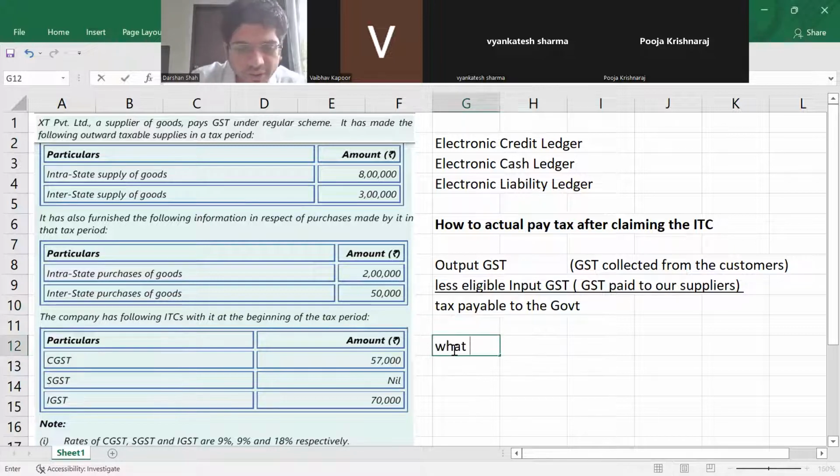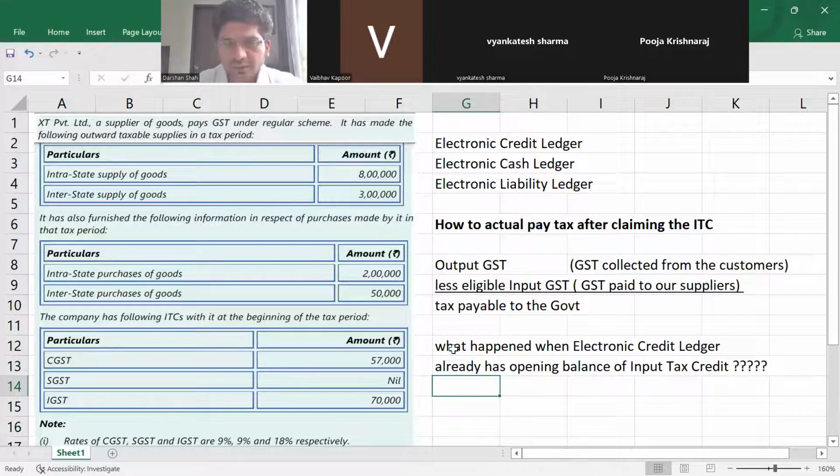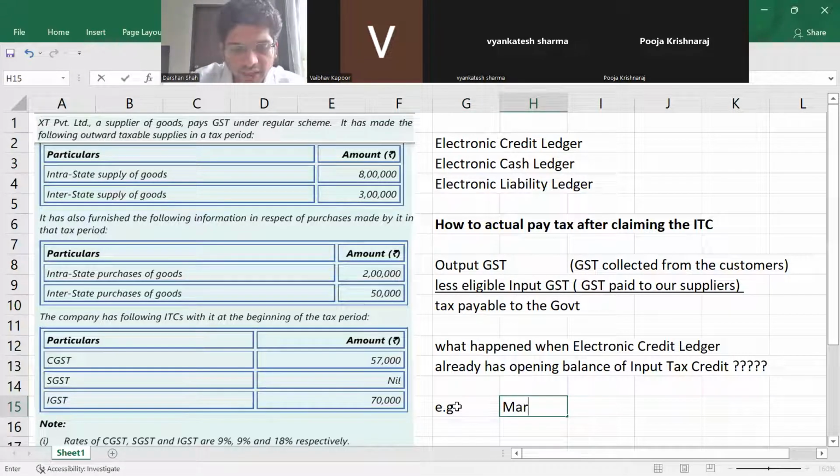Now, what happens when your electronic credit ledger already has an opening balance of input tax credit? So in the last month, see what has happened. For example, in the month of March, output GST was 1 lakh. Okay.